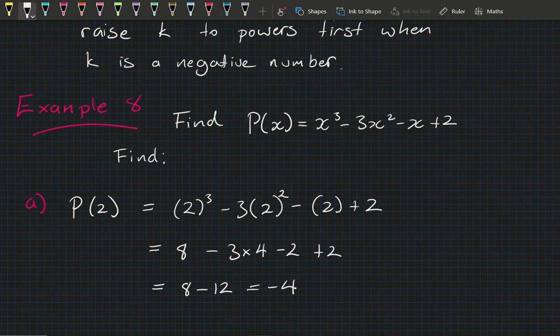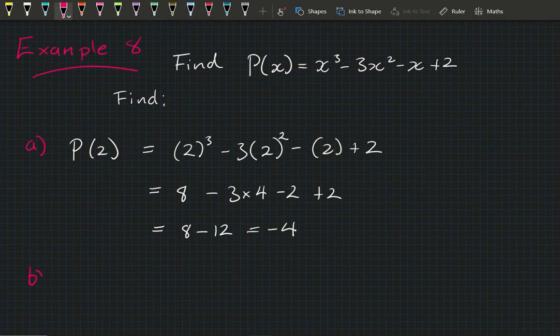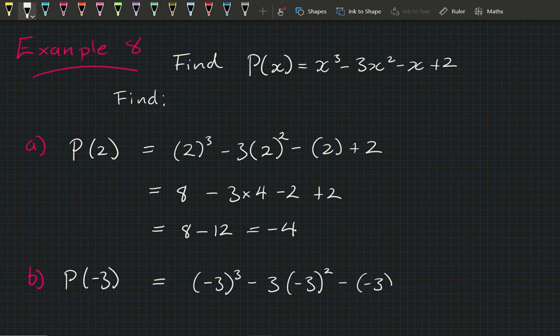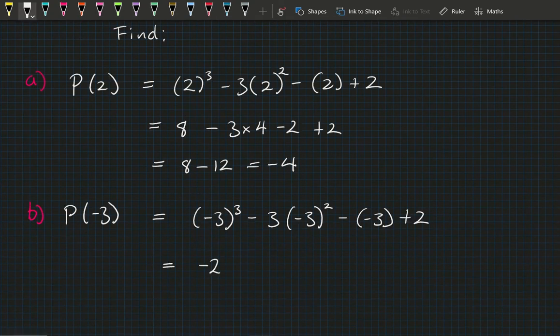Alright, and we're going to continue working with the same polynomial when we find its value when x is equal to minus 3. So as our x is equal to minus 3, I'm going to now sub minus 3 in for x. And straight away with the minus signs, you can see why it's really important to use the brackets. Okay, so minus 3 cubed is minus 27, and minus 3 times 9, and minus a minus makes plus 3, plus 2.